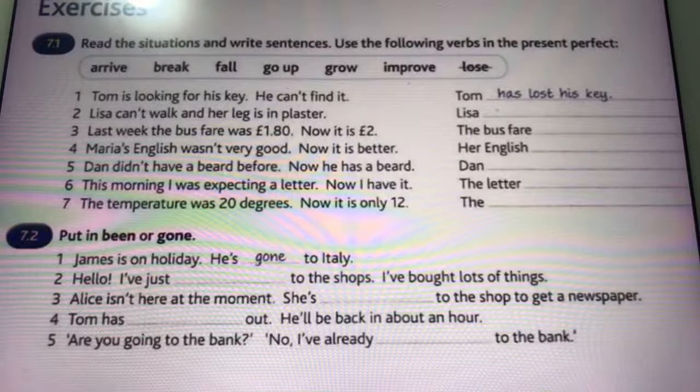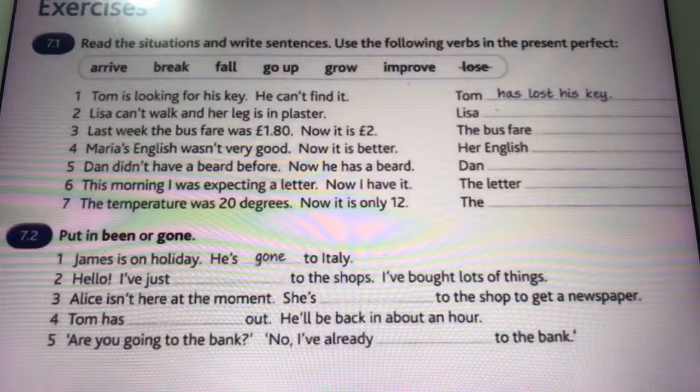Come on, get your dictionary. Improve. Okay?